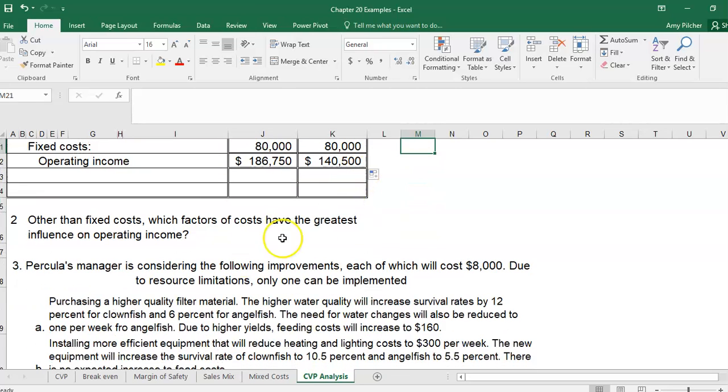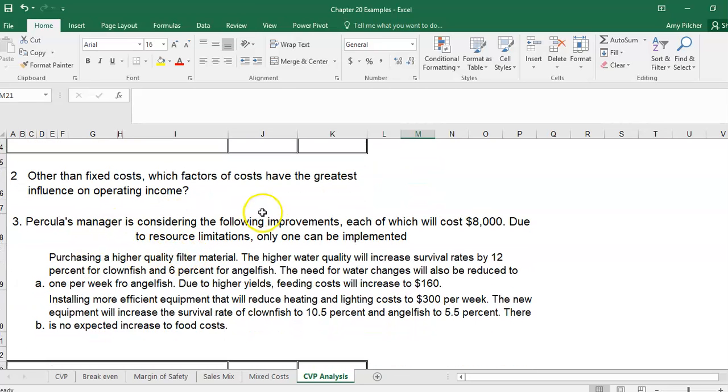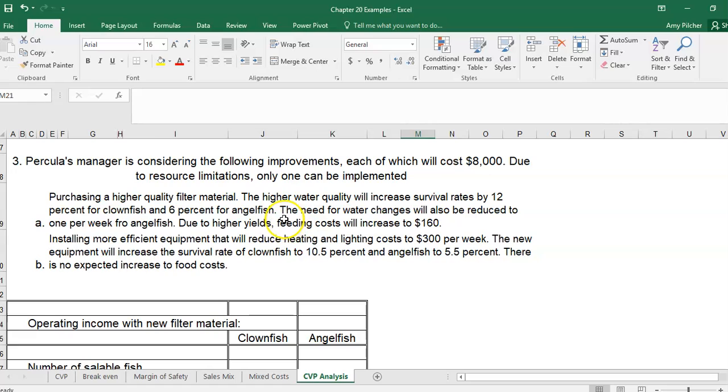Now we're thinking about making some improvements. We can only choose one of them. We have either a filter, which is going to improve our water quality, which increases survival rates. It also decreases the need for water changes, but it would increase our feeding costs.